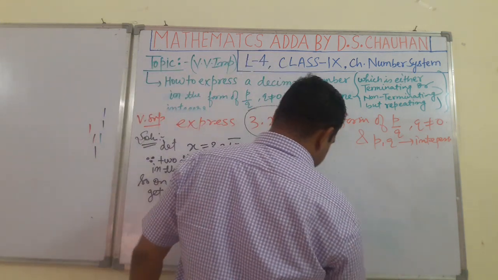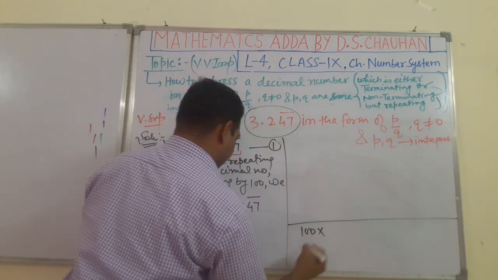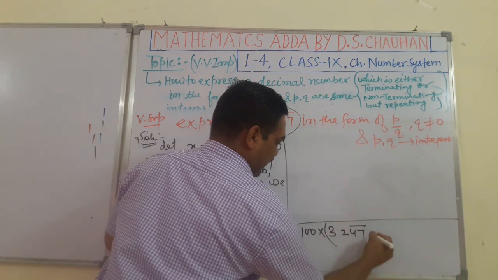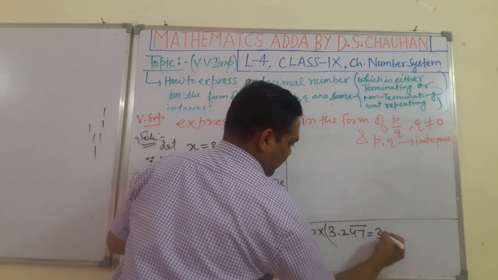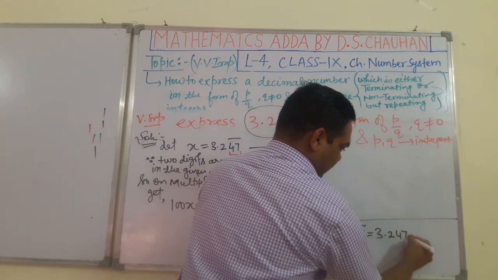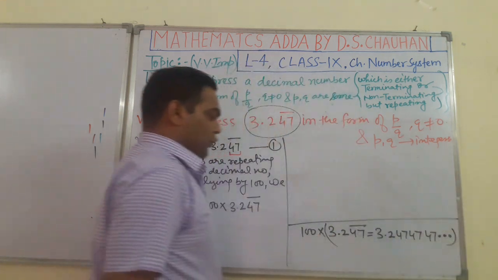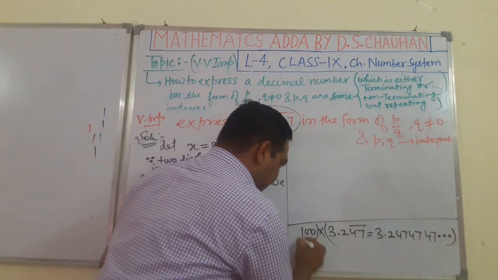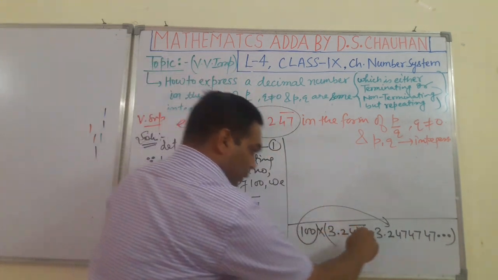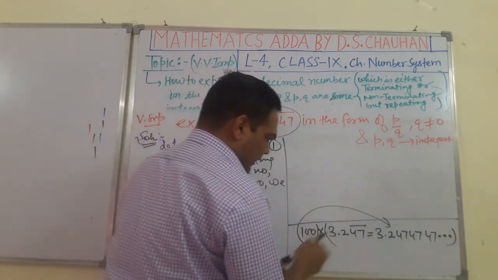Instead of writing directly, try to understand first. 3.247 bar can be written as 3.2 and 47 bar, where 4 and 7 are repeating, so 47, 47, 47 and so on. As you multiply this by 100, the decimal will shift 2 digits to the right.